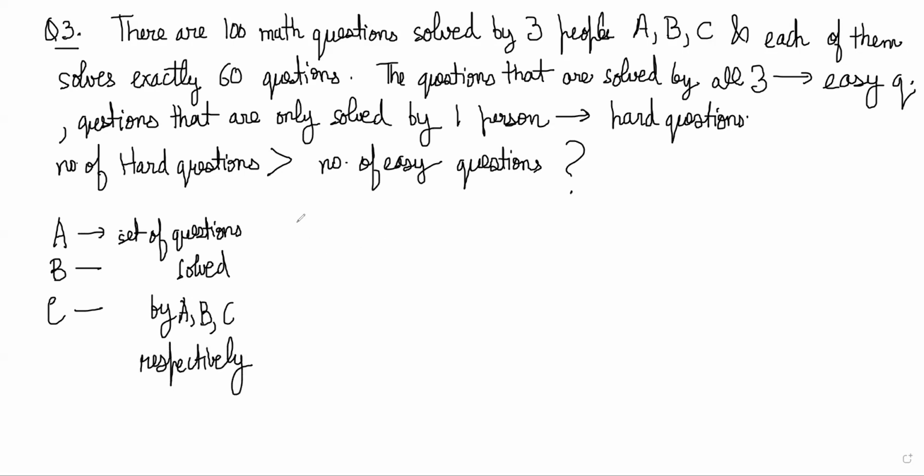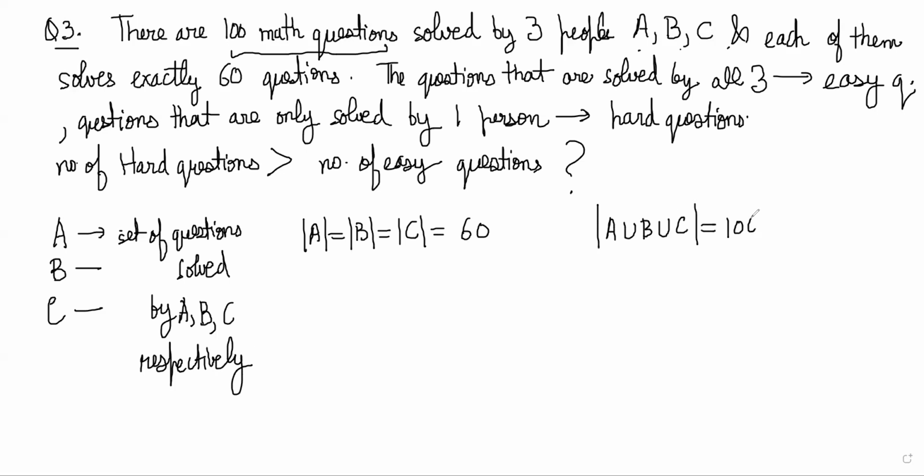So what we know already from the statement is that mod of A and mod of B and mod of C, the number of elements in each set, is 60. We also know that the total 100 questions were solved by all three people. So the modulus of A union B union C is 100. The cardinality of that set is 100, right?